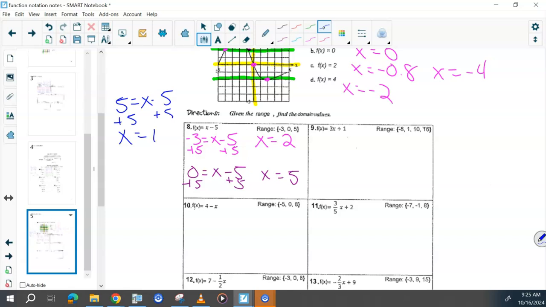So then we would list our domain values least to greatest. 2, 5, 10 in kilogram. Questions about that? Are there any others on this page you want to go over?